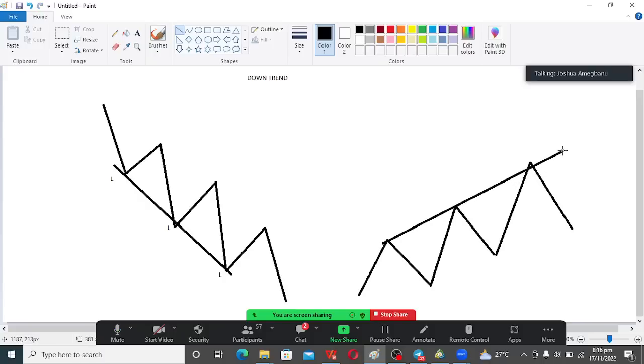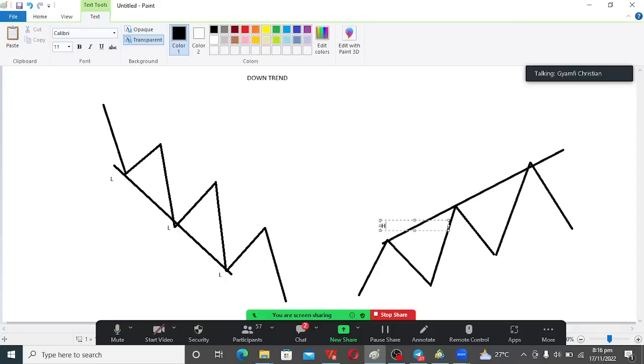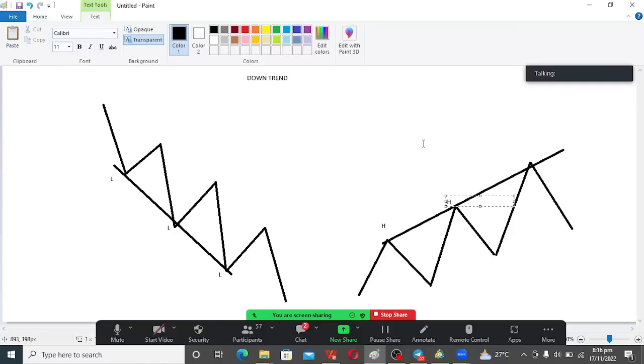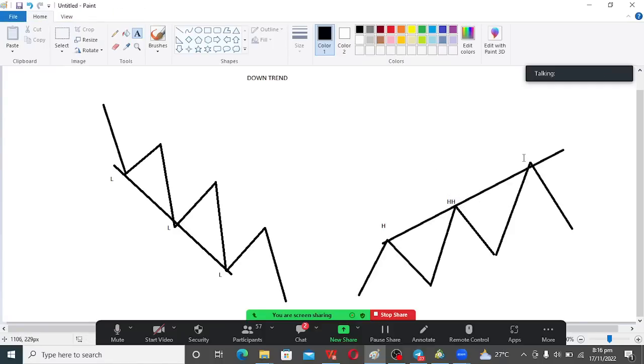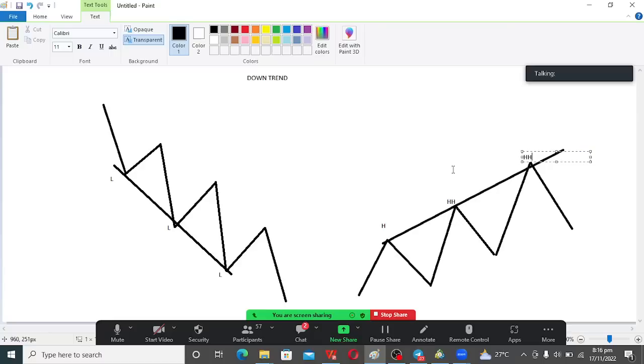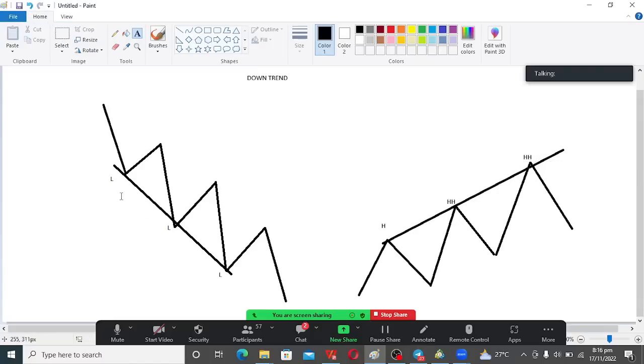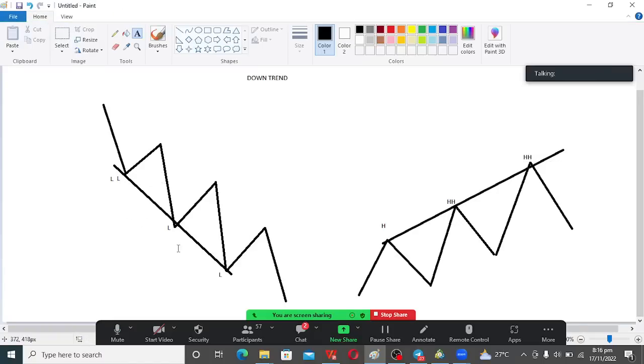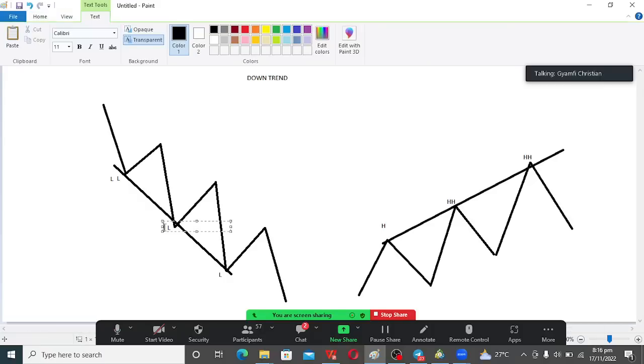Okay, so Joshua is saying that if market is forming higher highs, it means that market is in an uptrend. Okay, so higher highs and then lower lows, right?